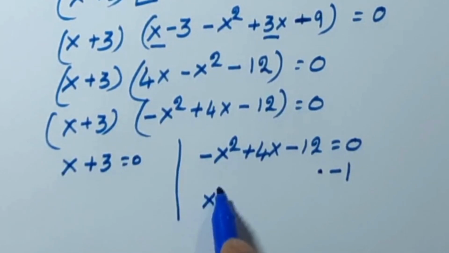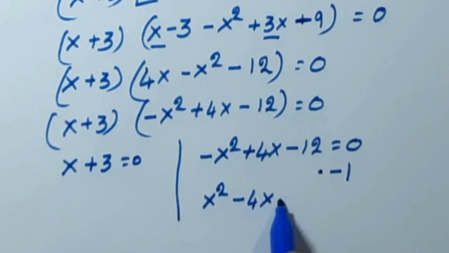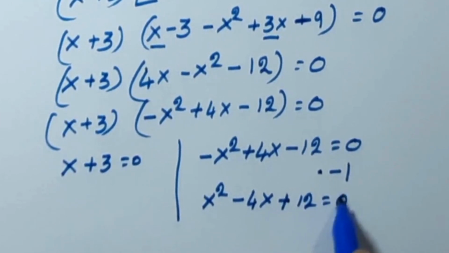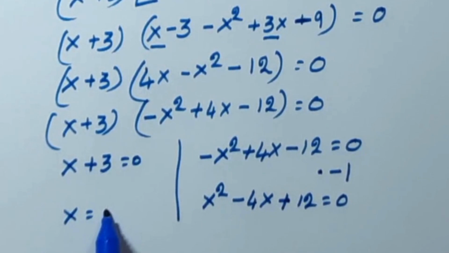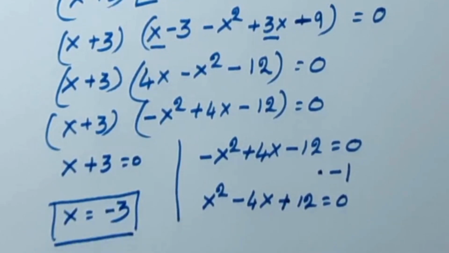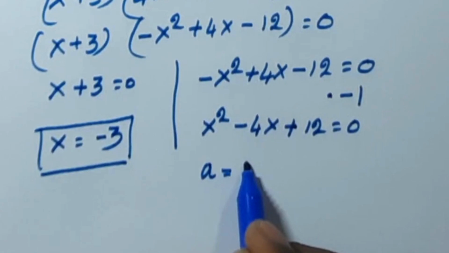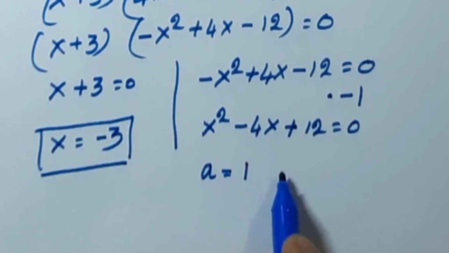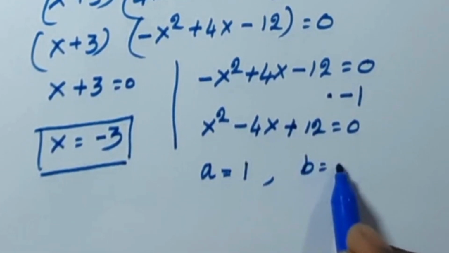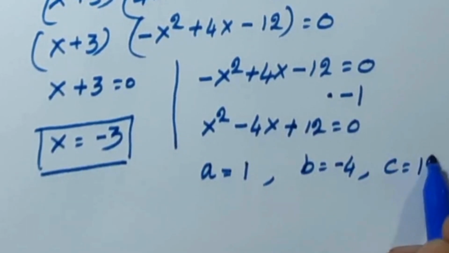So x square minus 4x plus 12 equal to 0. x equal to minus 3, this is one value of x. a equal to 1, b equal to minus 4, c equal to 12.